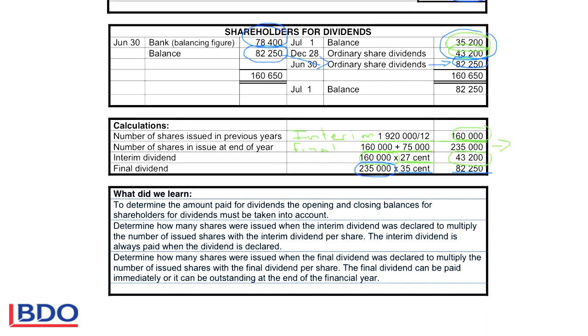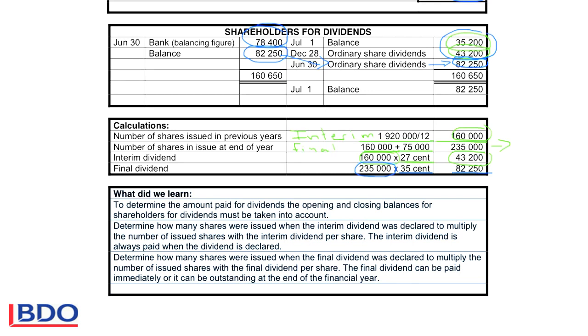So what did we learn today? You must determine the amount for dividends, the opening balance and the closing balance, and you must take both of them into account in your shareholders for dividends account. Before you can calculate the dividends, you must determine how many shares were issued at the date that the interim dividend is declared, so that you can determine how many shares will be entitled to the dividend.